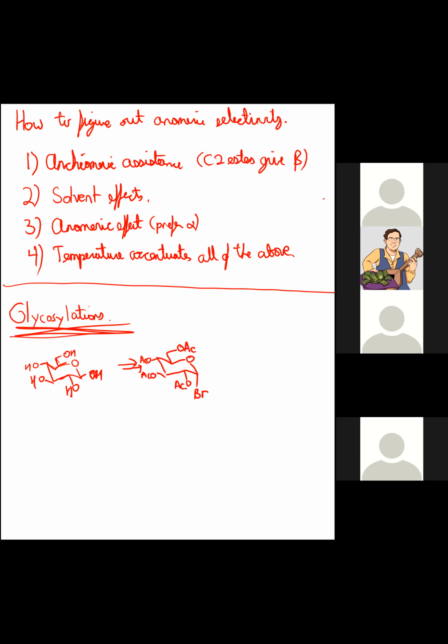One is, how do we install that bromide? How do we play around with this anomeric center to get things that are activating? What kind of options do we have? And why do they matter? And why are there so many of them? And then number two, how do we play around with these other alcohols to get the selectivity we want?